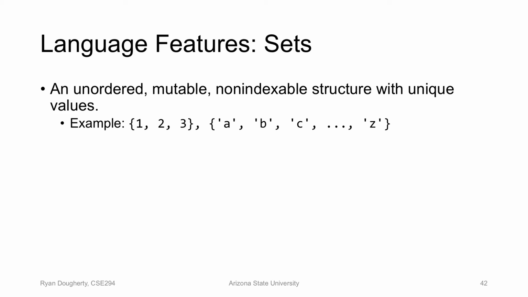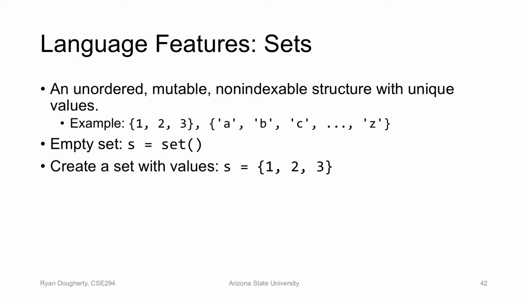But here I have two sets. One set has the elements 1, 2, 3, and the other set has the lowercase characters A through Z. Each of these is unique, so they're both sets. You can create an empty set with set, or you can do the same way as with a dictionary with two curly brackets.